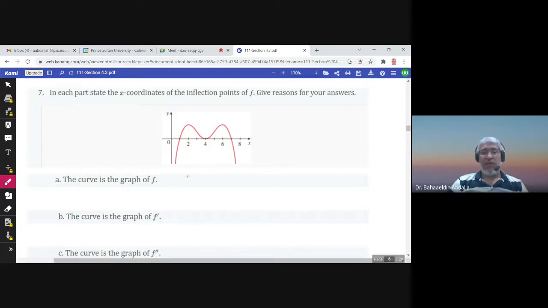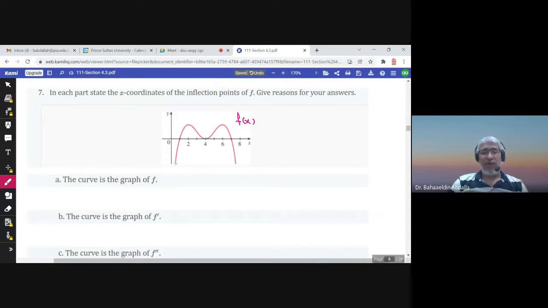This means when f double prime is positive and then it becomes negative, or from negative to positive. So the graph changes concavity if f double prime changes sign from positive to negative. Since this is the graph of f in this case, we can look at concavity immediately.